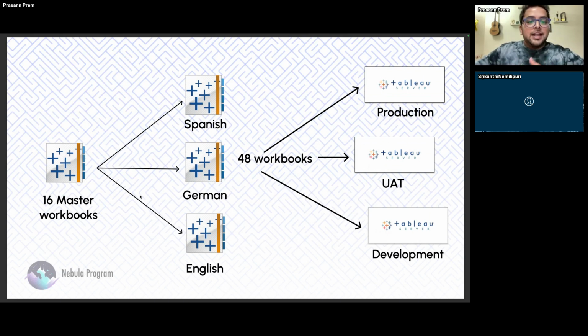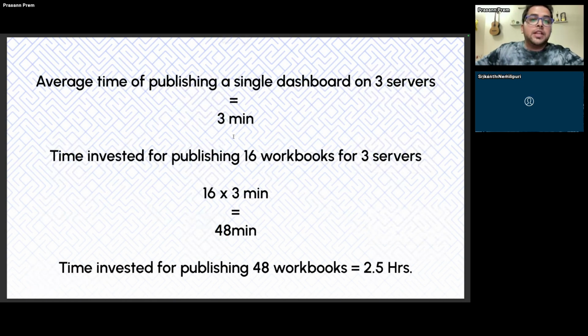Now, it started way back when we had only these 16 master workbooks, and we had to publish on all three servers, and it was becoming a big pain because the average time of publishing a single dashboard on three servers was somewhere equivalent to 3 minutes. We tried multiple times to see how fast we can do it.